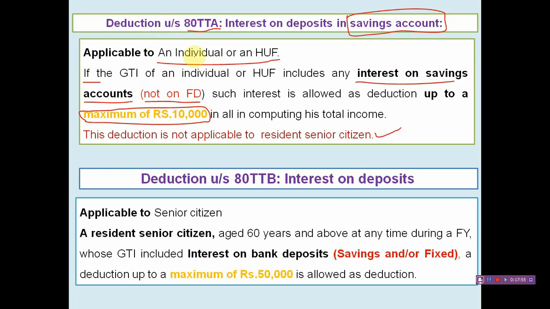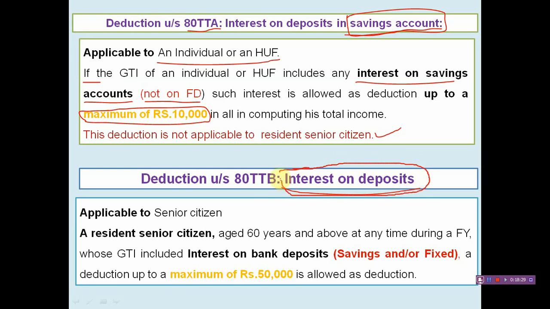So the next one is a deduction under section 80TTB. It is in respect of interest on deposits. See the difference between 80TTA and 80TTB comparison. 80TTA is interest on deposits in savings account only. Here fixed deposit is not covered, but 80TTB is in respect of interest on deposits.